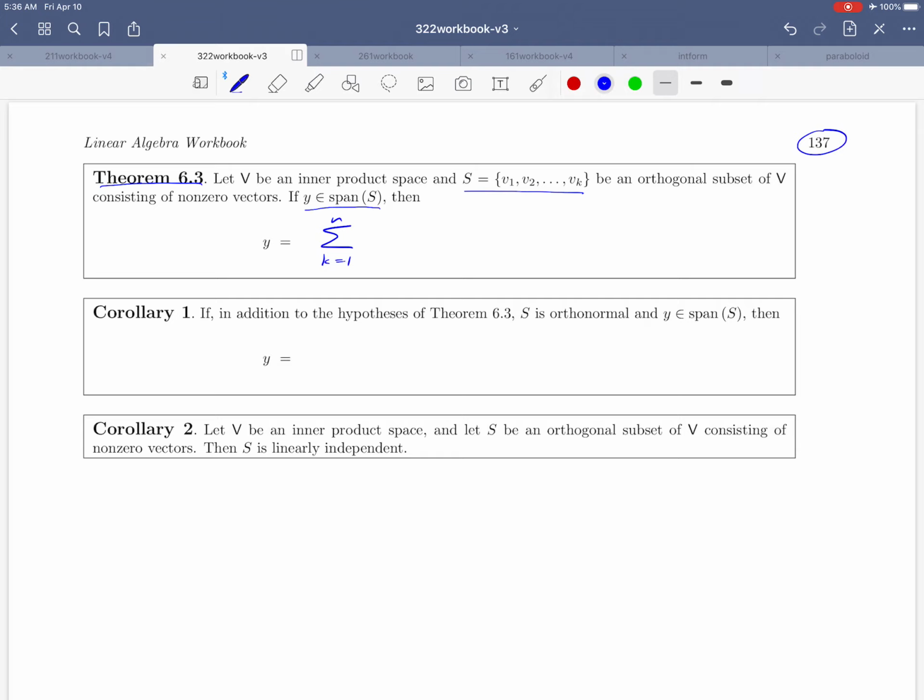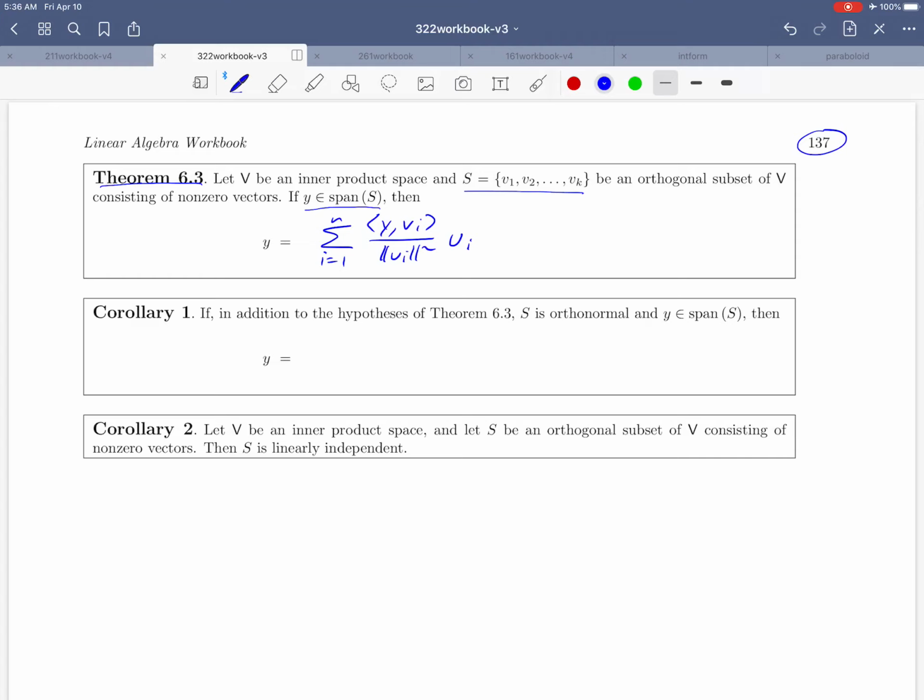Right, so y can be written as the sum, let's use i to n, not k to n, as i goes from 1 to n of the inner product of y with vi over the norm of vi squared times vi.